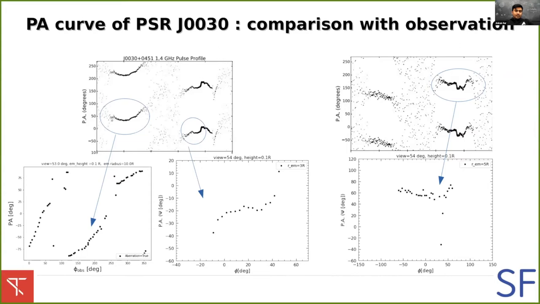So there are these two shapes coming from the two different poles. We believe that the first one is more like an S-shaped curve, so it's coming from far away from the star, whereas this shape over here is coming from R_em equal to 3R.